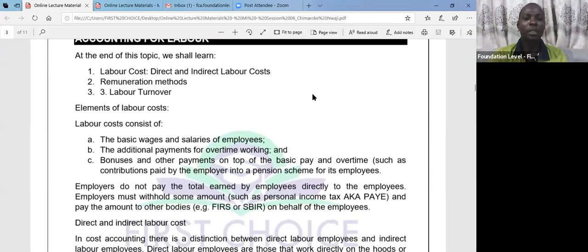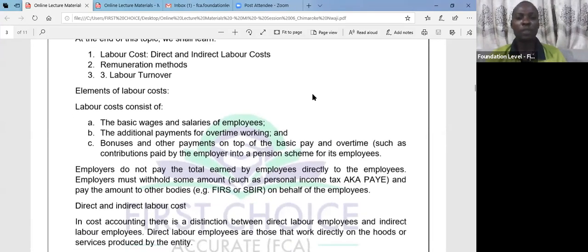Now, go to the elements of labor cost. Labor consists of three things make up labor: the basic wages and salary of employees. So when we say wages, these are people who receive their payment every day.